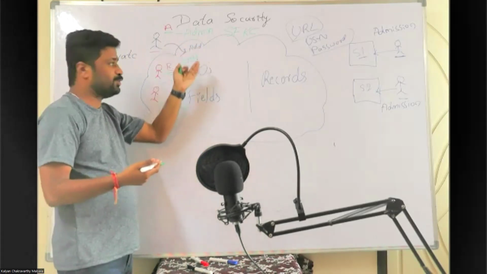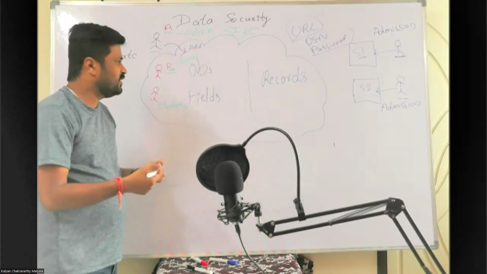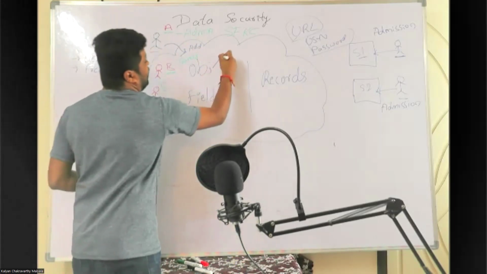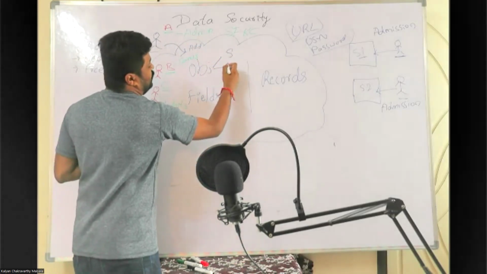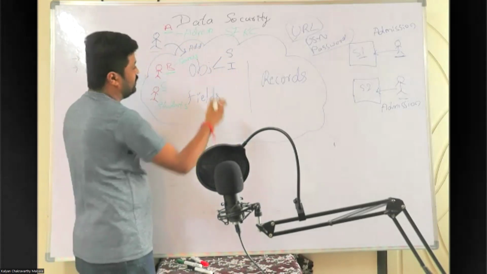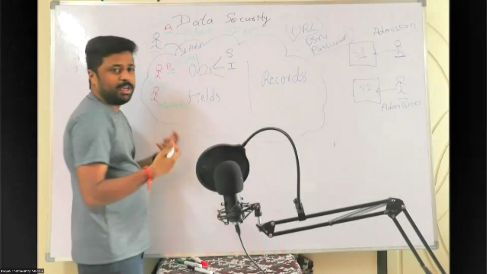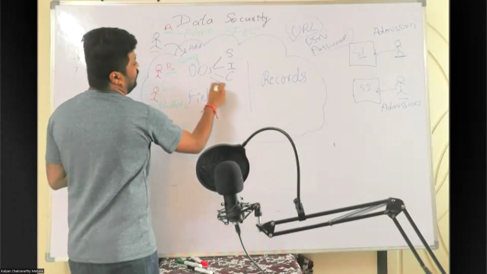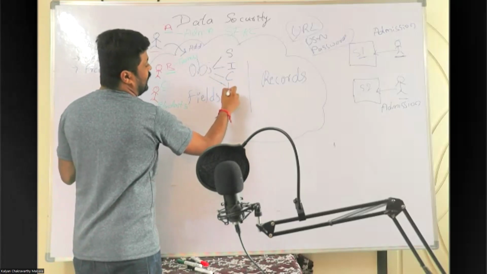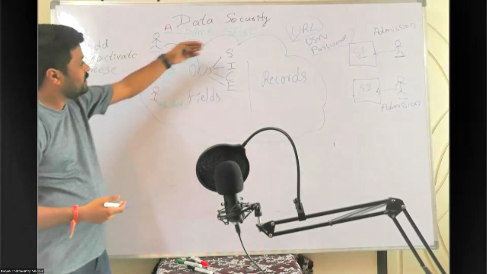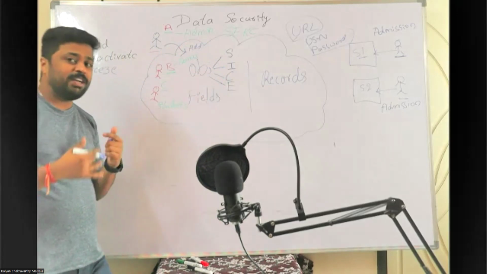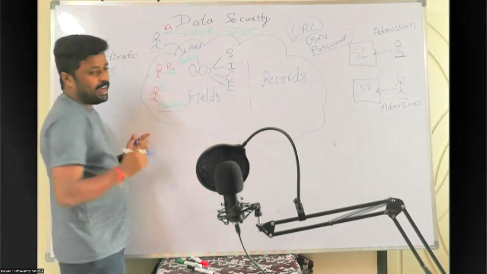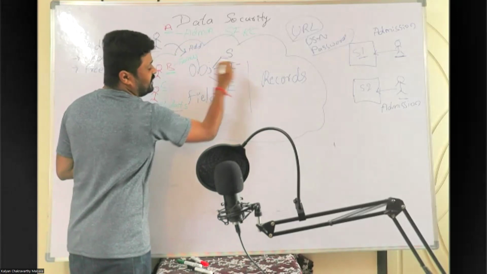Suppose I am running the institute where I am training the students, then I may have objects such as the student object, trainer or instructor object, as well as the courses object, whatever courses I am going to teach the students, and then the employees object. So I may have different objects like this. Now my question is, should the students have access to instructors' data?